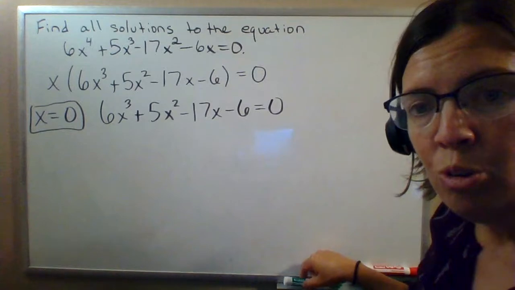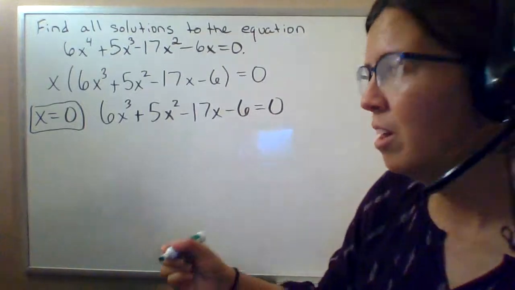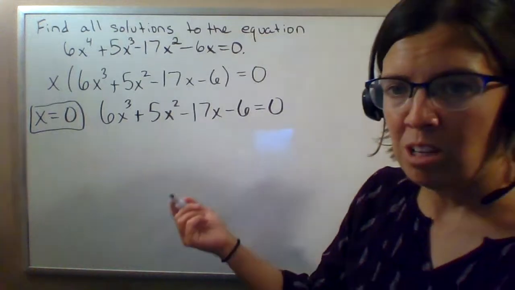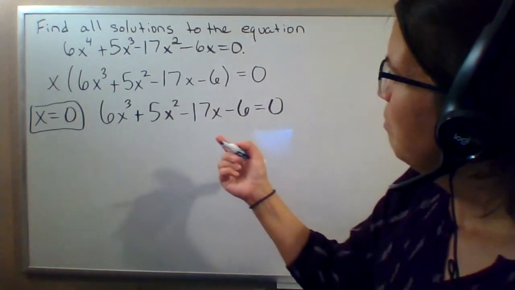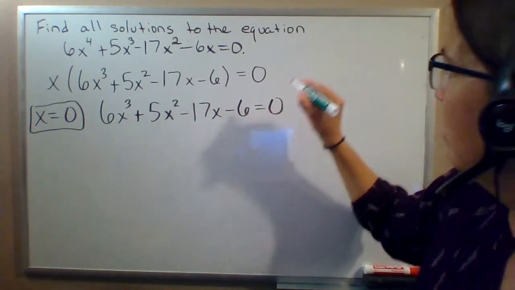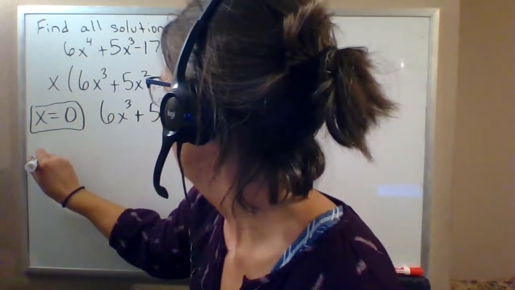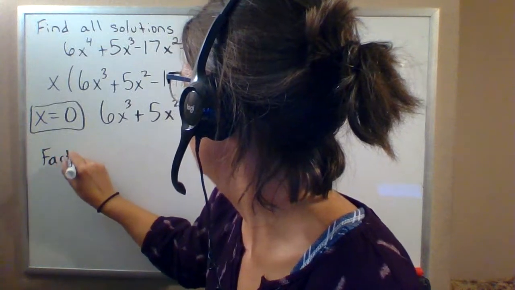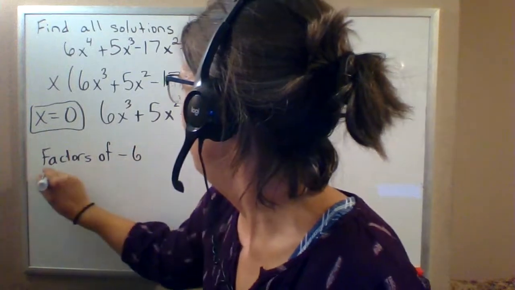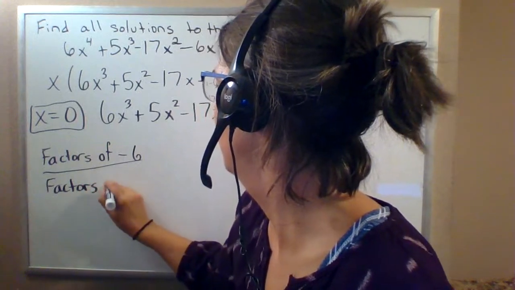So what you can do to get unstuck when you're finding zeros of polynomials is to use the Rational Zeros Theorem. The Rational Zeros Theorem allows us to come up with a list of potential zeros by taking factors of the constant term, in this case -6, over the factors of the leading coefficient, which is 6.